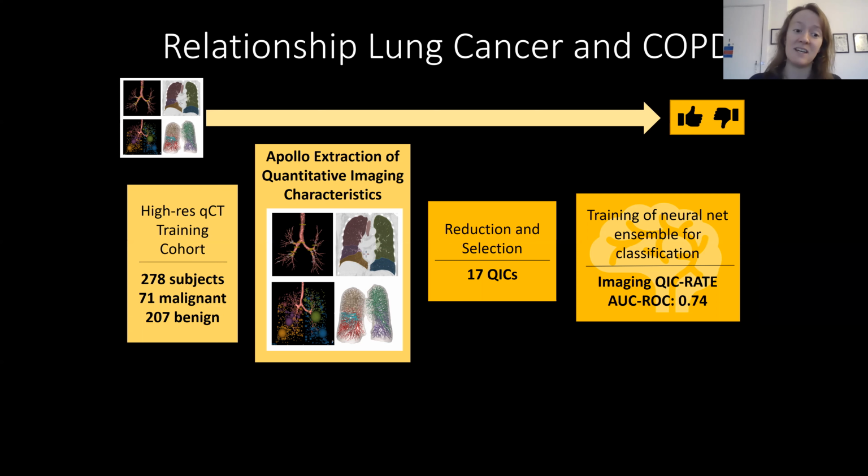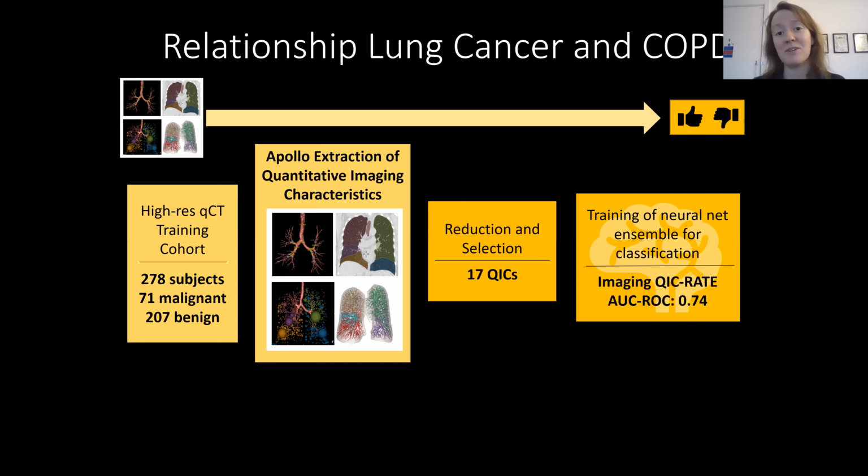And so we assessed these using, again, a high resolution QCC cohort of 278 subjects, all who had some form of COPD, but only 71 who had a confirmed lung cancer, and 207 who either had no tumors or had a tumor that ended up being benign upon further follow-up.